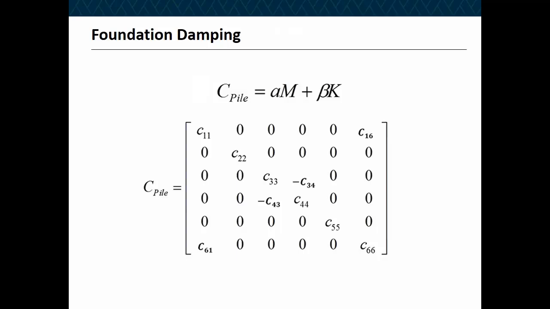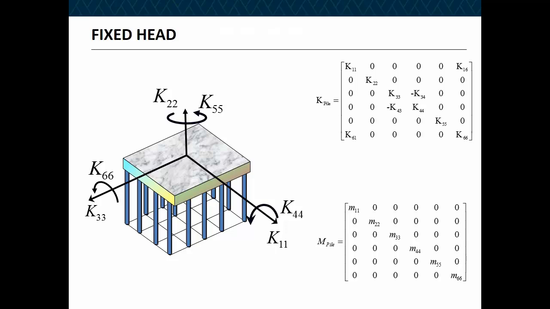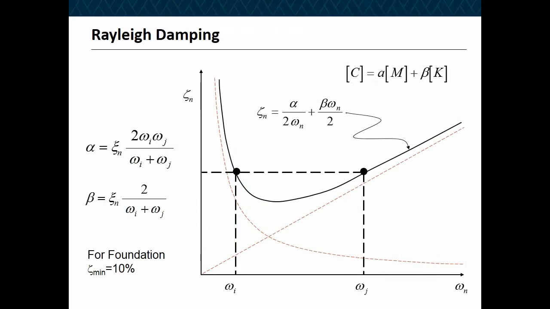You already have the mass matrix and the K matrix, and you use alpha beta Rayleigh damping to calculate the 6x6 damping matrix as well. So if you want to do a substructure model, you have to do all this: develop a 6x6 stiffness matrix, damping matrix, and mass matrix for the foundation.